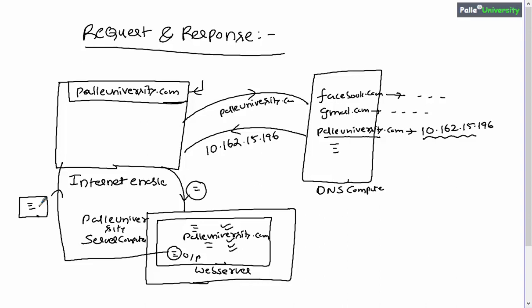The first point is the data which is sent from the browser computer to the web server computer is technically called a request. Sometime back while explaining the same concept, I said it is called input, but anyhow this input is technically called a request, or in simple words, the data which is coming from the browser computer to the web server computer is technically called a request, right?